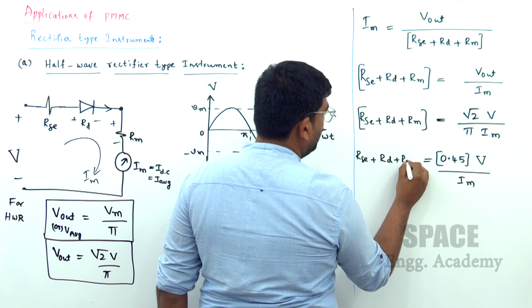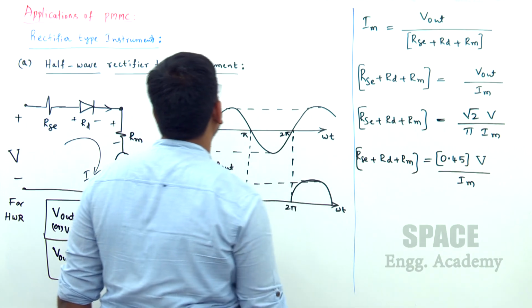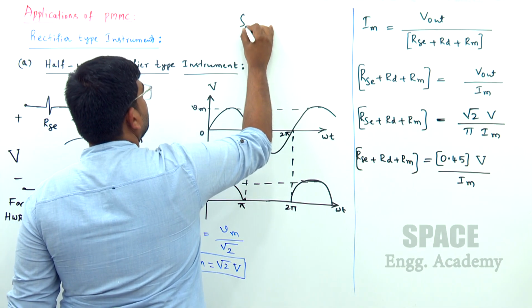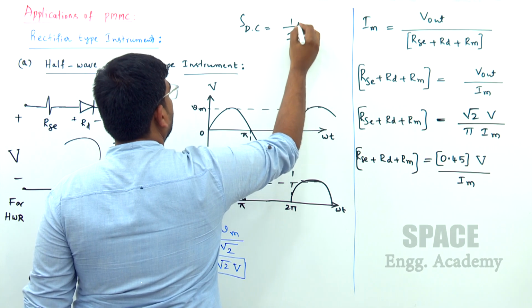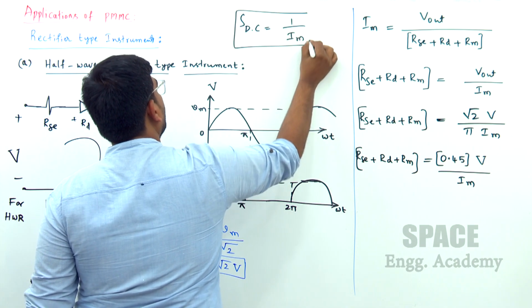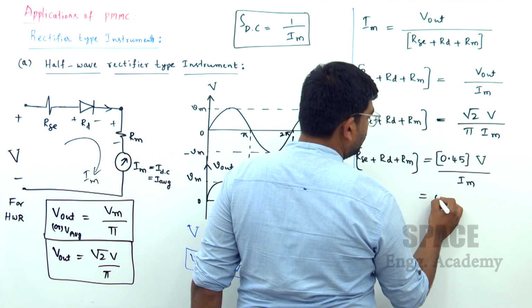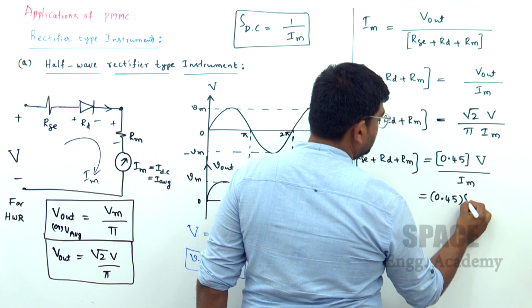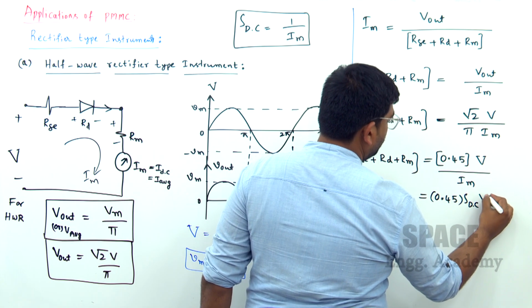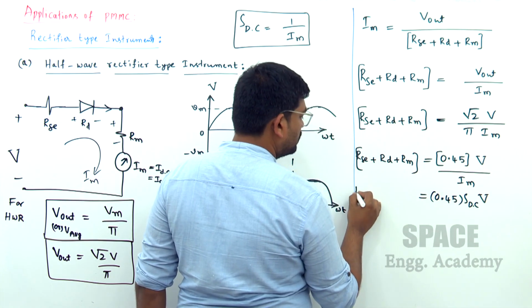We already know that the reciprocal of full scale deflection is our sensitivity, the DC sensitivity. So DC sensitivity I am writing as 1 by Im. When I replace it with that DC sensitivity, what do we get? 0.45 into DC sensitivity into RMS. 1 by Im is replaced with this.